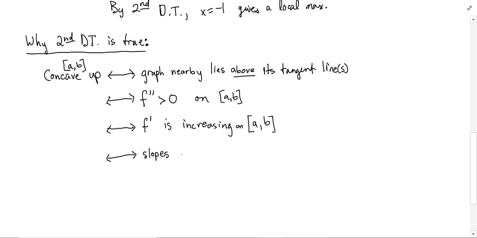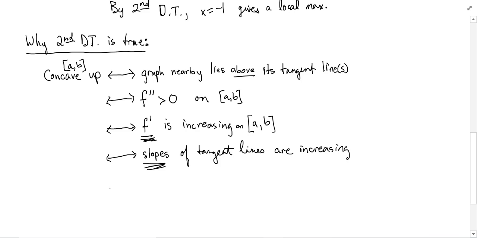This tells us that the slopes of tangent lines to the graph, as you go from left to right, are increasing, and that's just a consequence of the fact that the derivatives are the slopes of the tangent lines. So they are increasing on the interval from a to b.